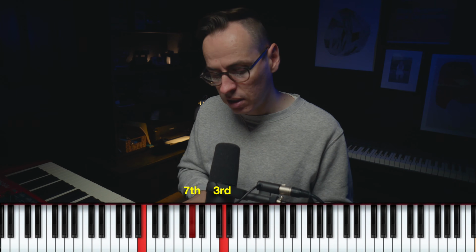So we can see that, like a dominant chord, the interval between the 3rd and the 7th is a tritone. But not only that, the interval between the root and the 5th is also a tritone. So we've got a tritone 3rd and 7th, and a tritone root and 5th.